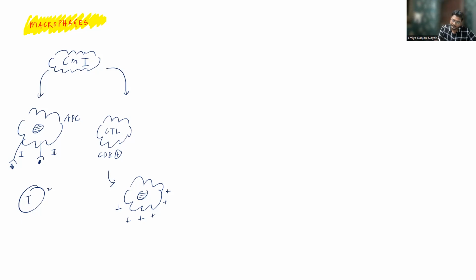Similarly, the TH1 subtype of helper T cell can also activate the macrophages. Of course, this activation of macrophages happens with the help of a very important cytokine, that is interferon gamma.